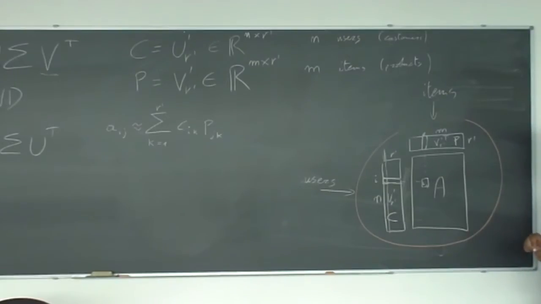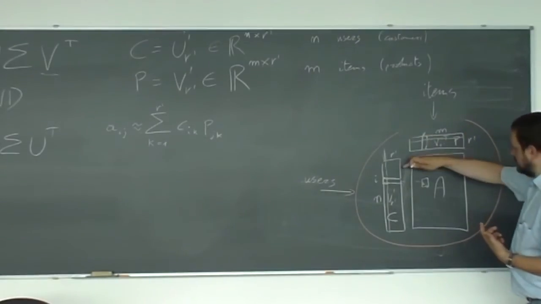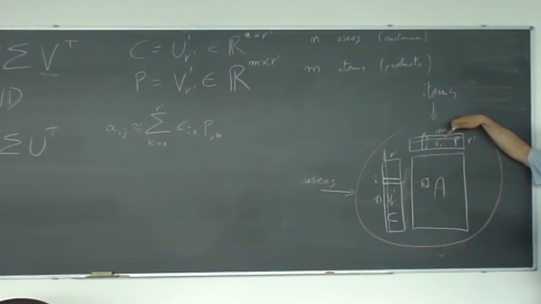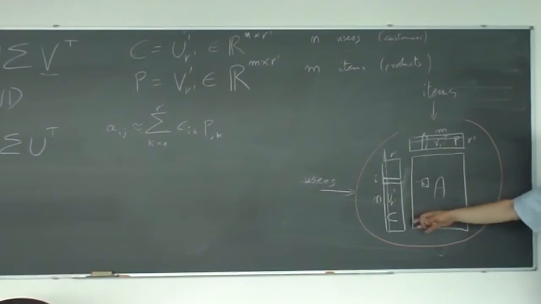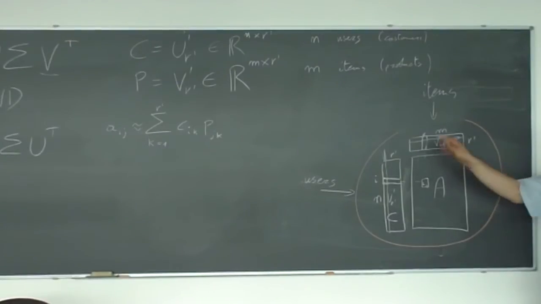So these columns have actually some meaning, although it's not directly apparent to us. This is why we call this kind of decomposition, this kind of matrix analysis, latent semantic analysis. Okay, latent means hidden. We look for some semantics that are not apparent in the original matrix.